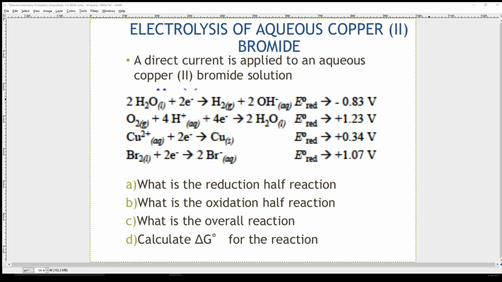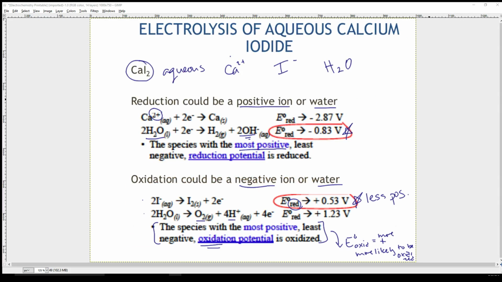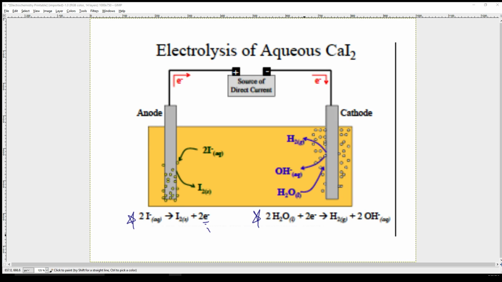Water is being reduced, and iodine is being oxidized. This is because of their reduction potentials, and this is really only happening because we are sending an electrical force through it. A source of current is there.